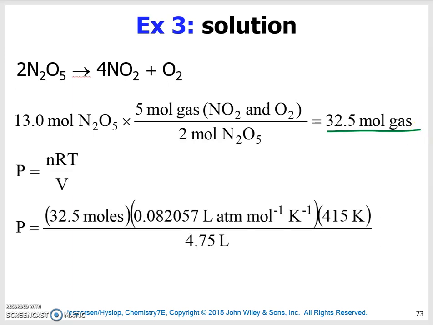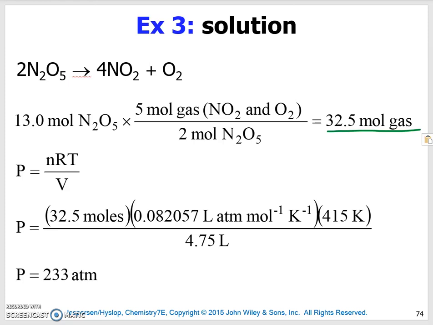We're trying to solve for the pressure at the end. So now we have moles because we solved for them. R is a constant, and temperature was given in the problem. So was volume. So try putting this into your calculator. Make sure that you're entering everything right. Sometimes dividing can get tricky.